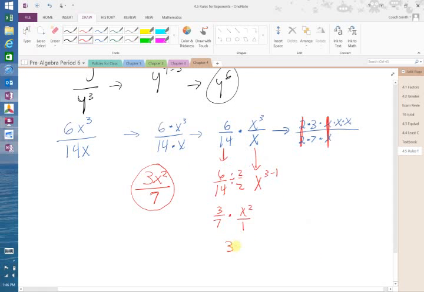And that's how we're getting 3x to the second over 7. Okay?